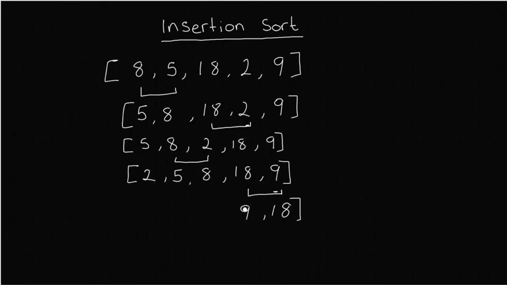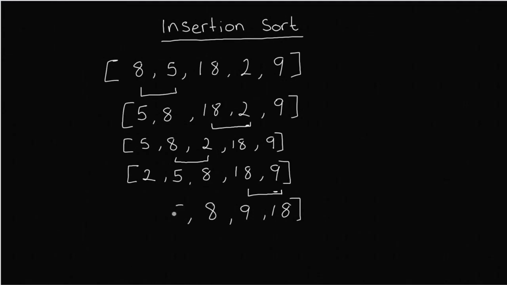Now, if this number here wasn't 9, let's say this number was 7, which is less than 8, we would then swap 7 with 8, and then we would have to compare 7 just to make sure it's in the right position with the number 5 here. But in this example, 9 is greater than 8, so we can just fill in the rest of the array the way it is.